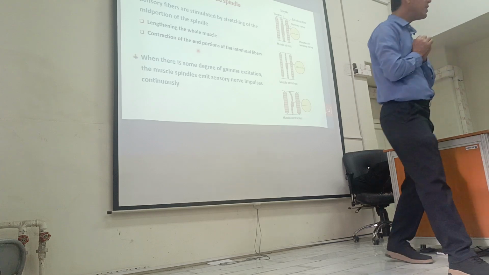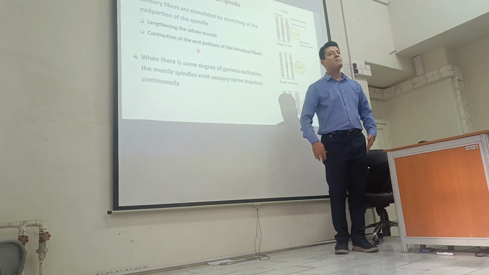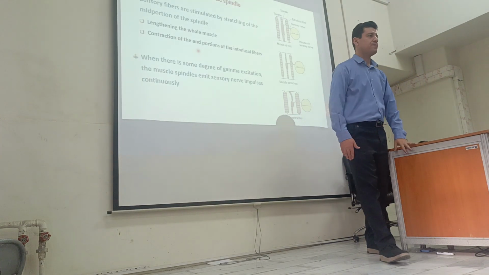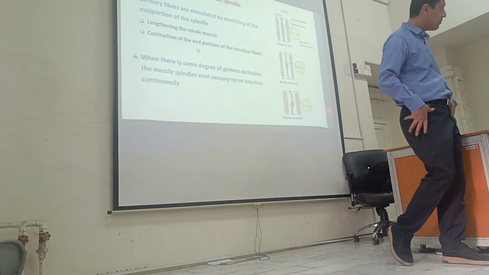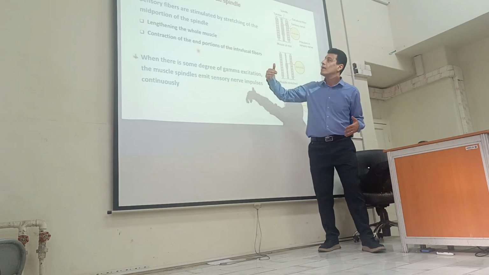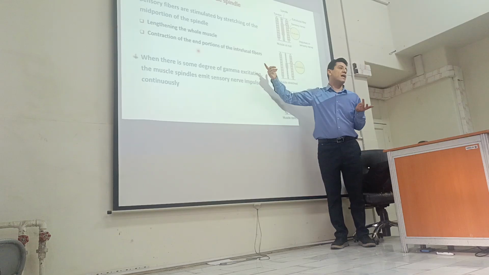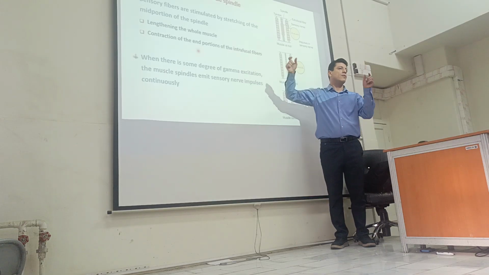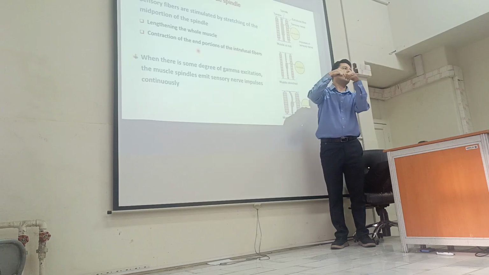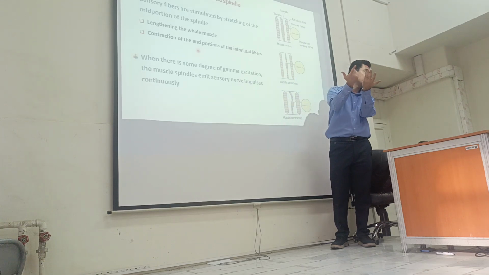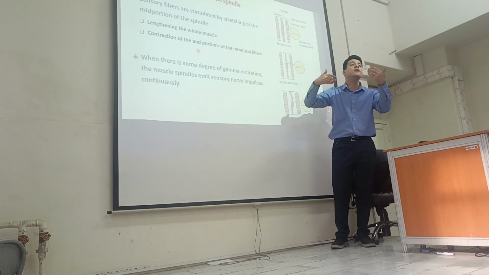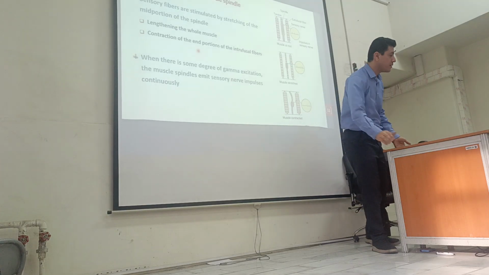Right? So usually in a normal situation, when we don't move, when we don't have contraction in the muscle, we have always activation of gamma neurons. So continuous activation of gamma neurons always activates spindles. So the spindles continue to send action potentials to the spinal cord.